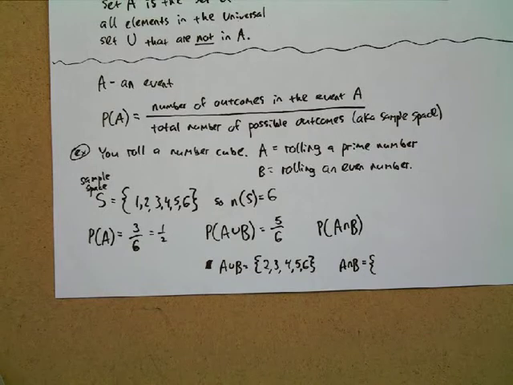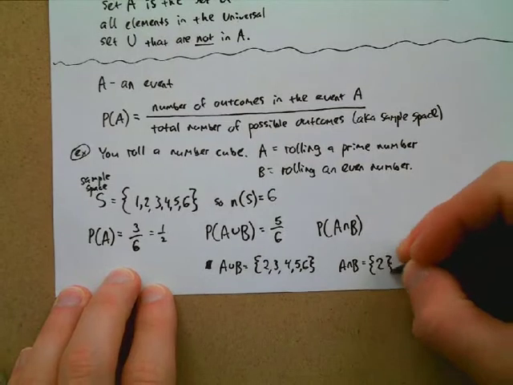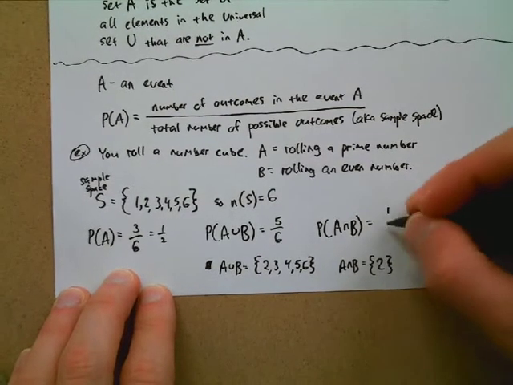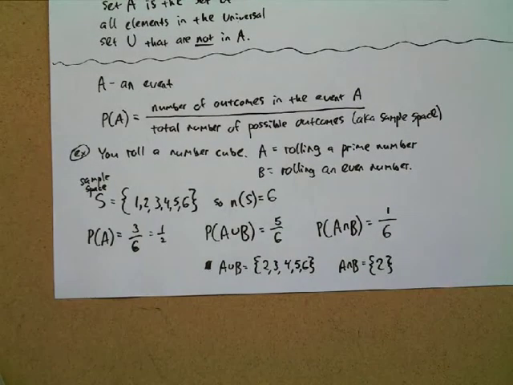Just 2, right? So it's just 2. And so the probability here is going to be 1. There's only 1 element in A intersect B out of the total of 6. Just 1 out of 6.